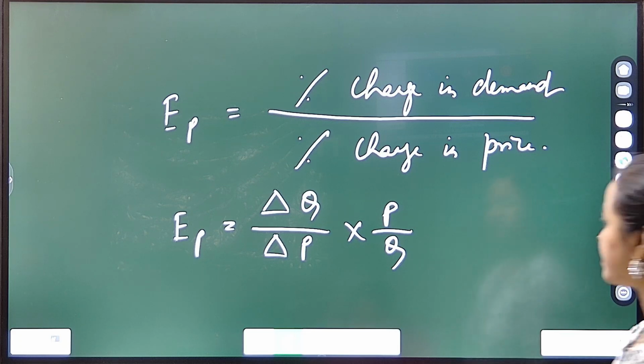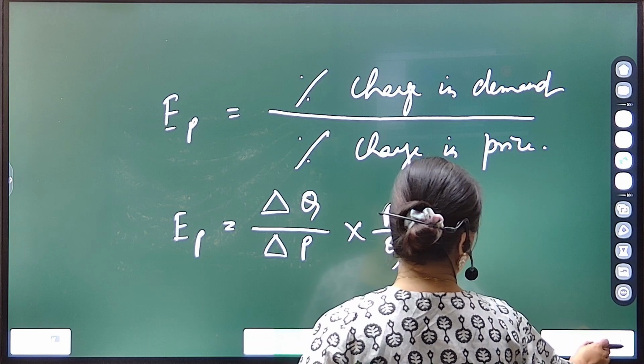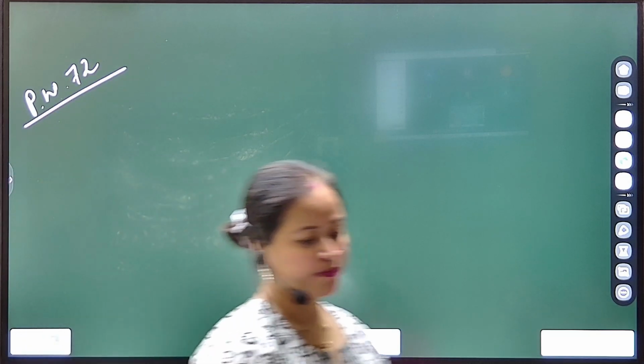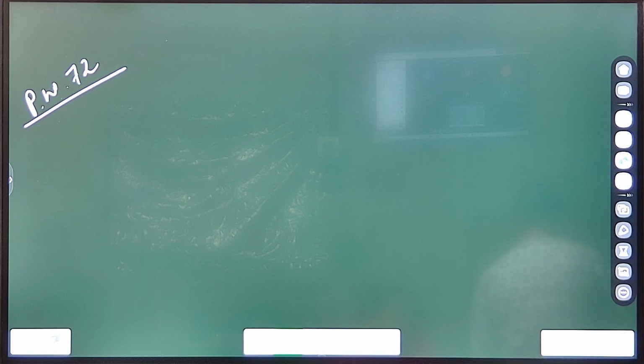Okay, so on page number 72, there is a question number 14. Can you see the question related to elasticity of demand? You find out what things are given.